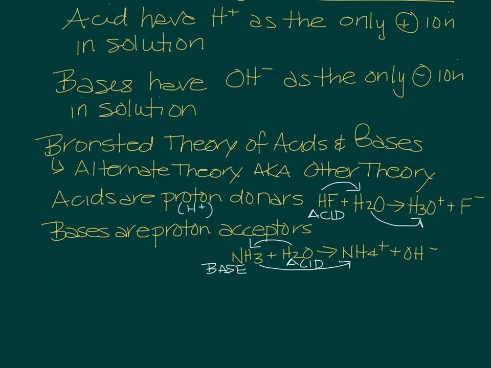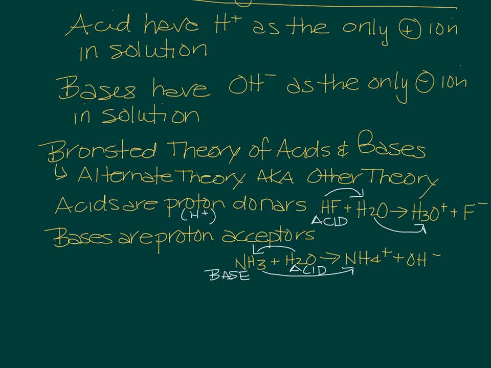Water is a substance that's called amphoteric, which means that it can act as an acid or a base. Please don't write this. This is more like an upper level concept. But if I have H2O plus H2O, it's basically going to form H3O plus and OH minus.